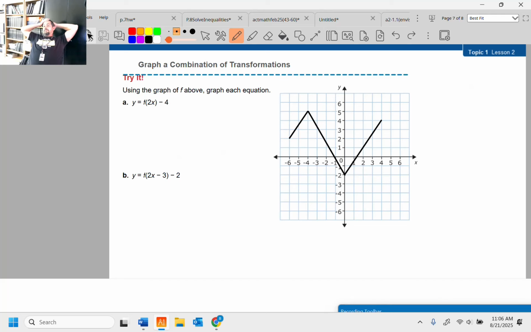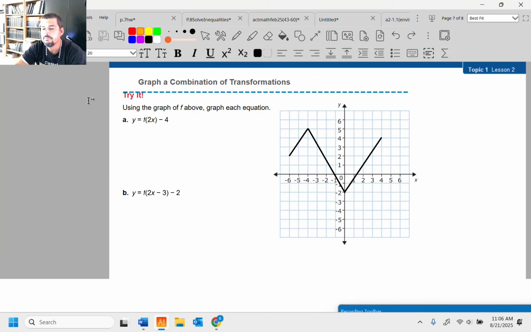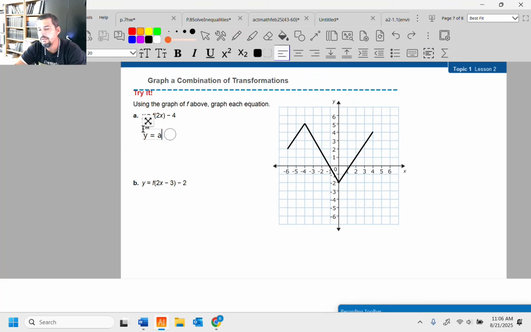All right, use the graph of f above. Graph each equation. So you're supposed to graph y equals f of 2x minus 4. Okay, so let's identify the letters. That's the big thing. We have y equals a f of b times x minus h, plus k.